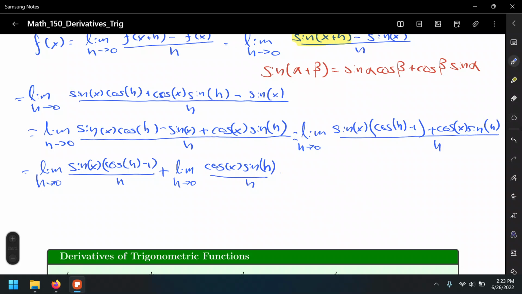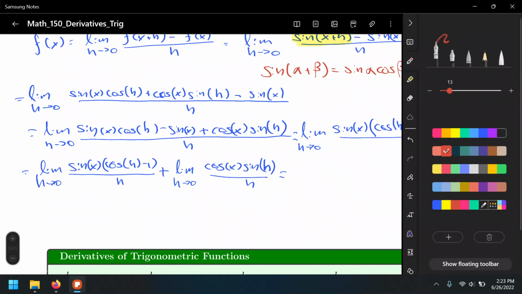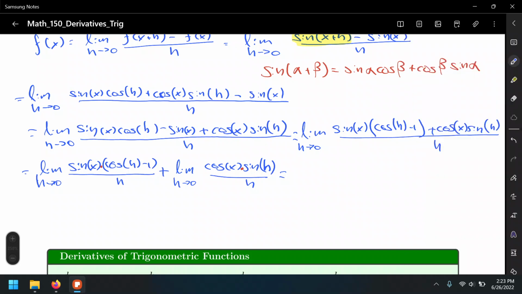Notice this is a product, with an implied product here and another implied product here. From the properties of limits, recall that the limit of a product is the same as the product of the limits. On the one hand, for example, I'm going to write this limit as h.